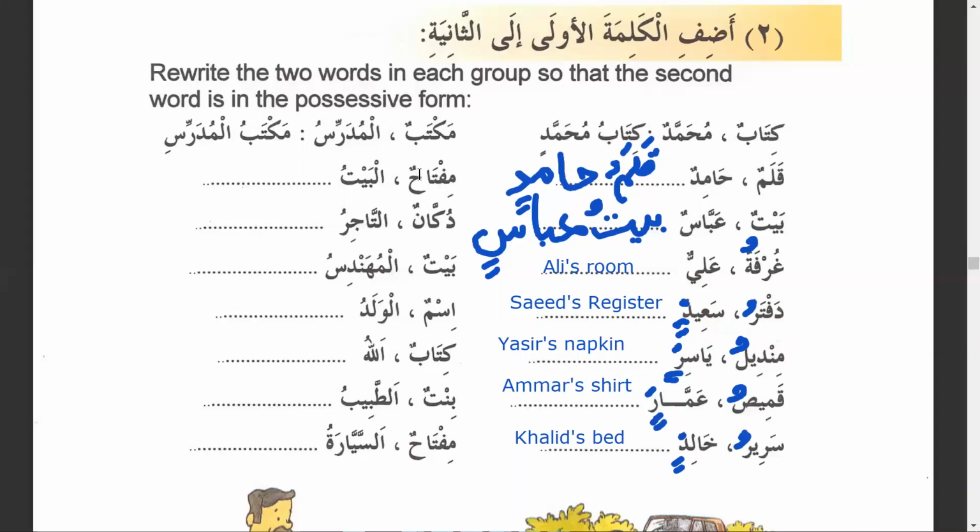Now this one. You tell me first, you make this Murakkab Idafa combination, and then you are going to translate it with me, inshallah. There are two ism in original form, Miftahun and Al-Baitu.